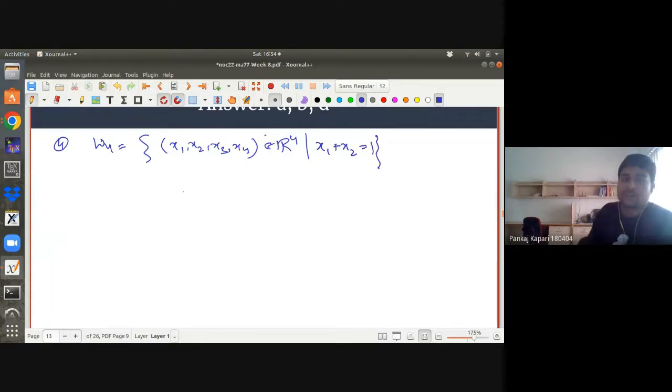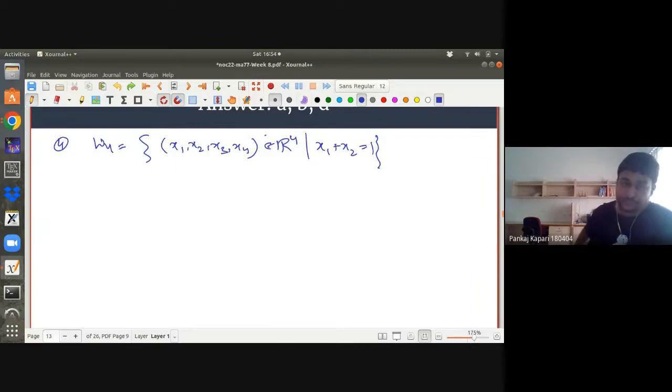Is it a subspace of R4? This is not a subspace of R4. Why? Because the definition says that if you add the first two entries, x1 and x2, their sum must be 1.